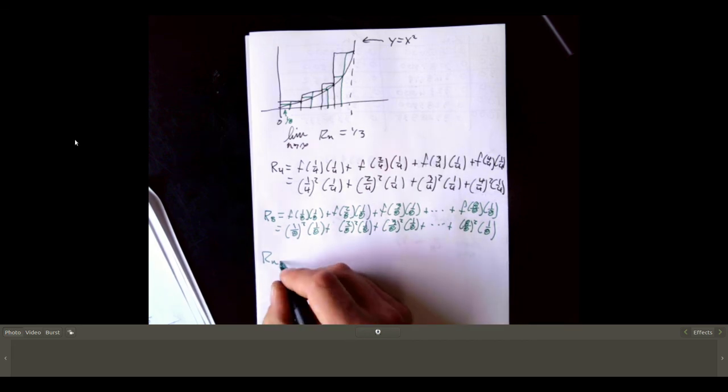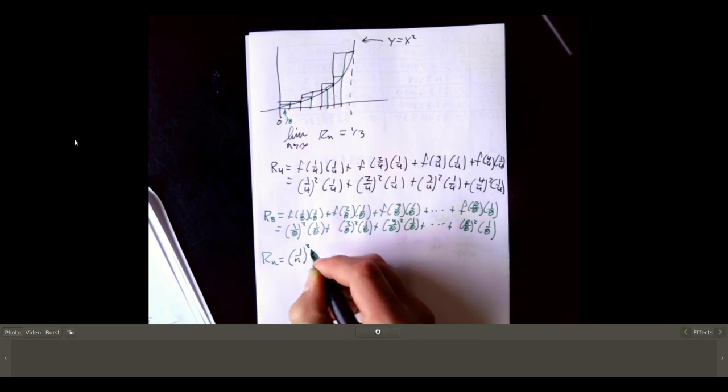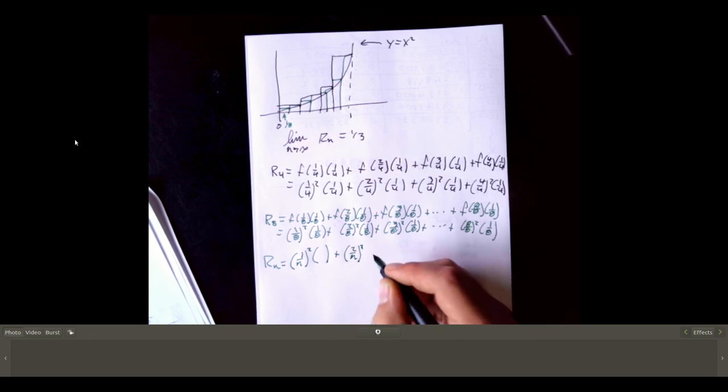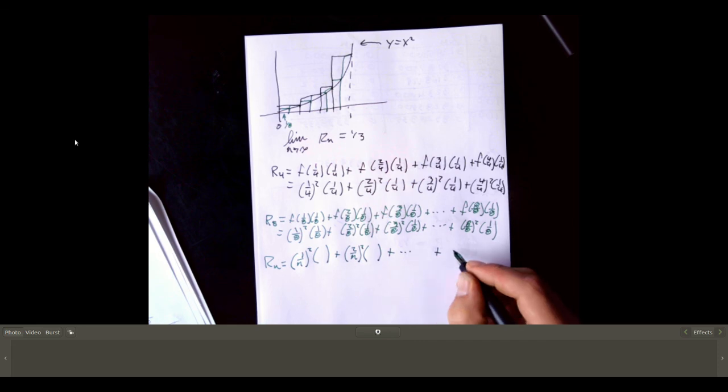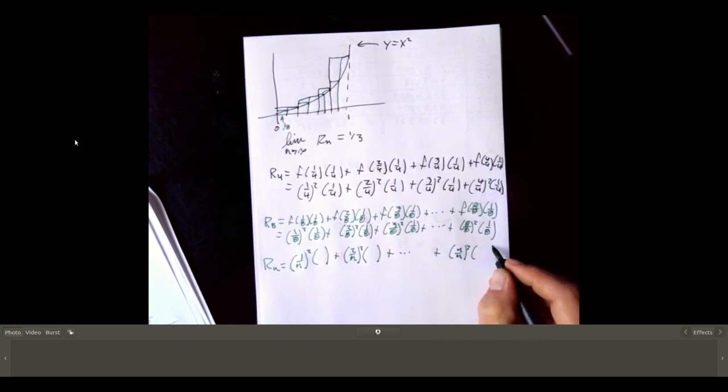So r sub n is going to have a 1/n squared times something plus a 2/n squared times something plus up to an n/n squared times something.